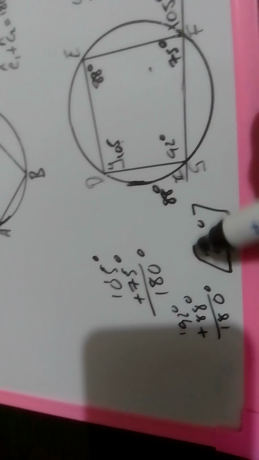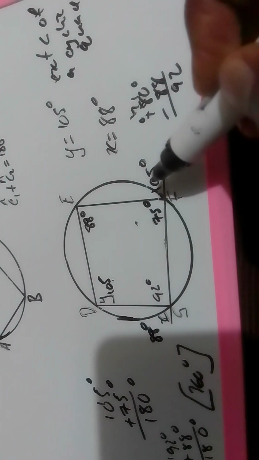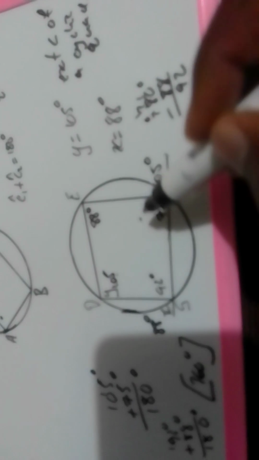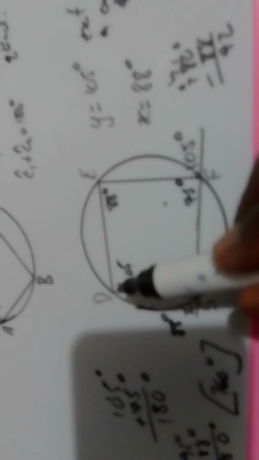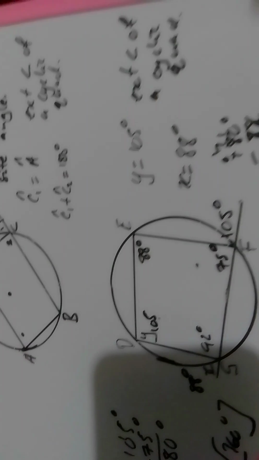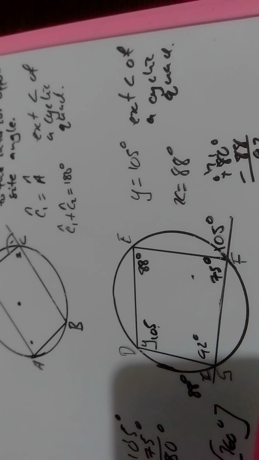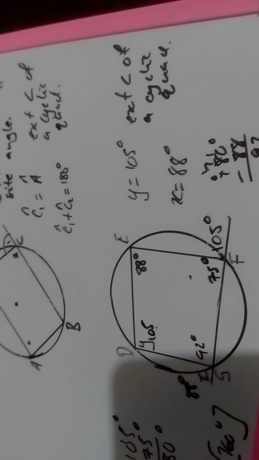So yes, our Theorem 6 is actually factual, right? The exterior angle of a cyclic quad is equal to the opposite interior angle. All right, please join me on the next video where we talk about Theorem 7.